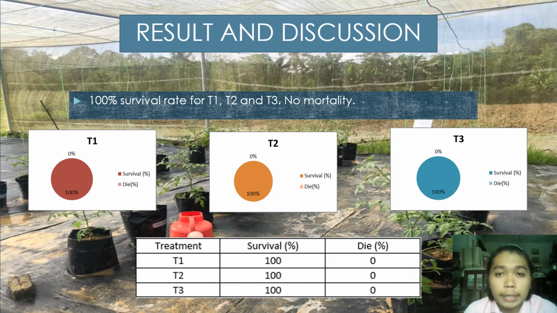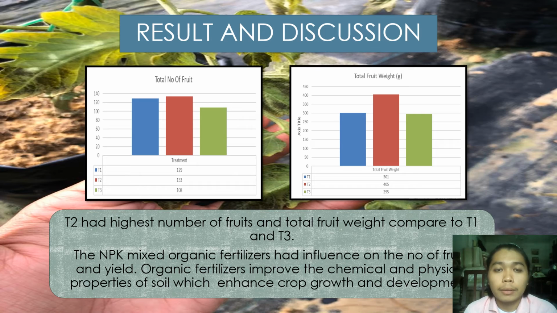For result and discussion, from the graph, 100% of my cherry tomato survived. There is no mortality for T1, T2, and T3. Result and discussion for total number of fruit and total fruit weight is that T2 had the highest number of fruit and total fruit weight compared to T1 and T3.